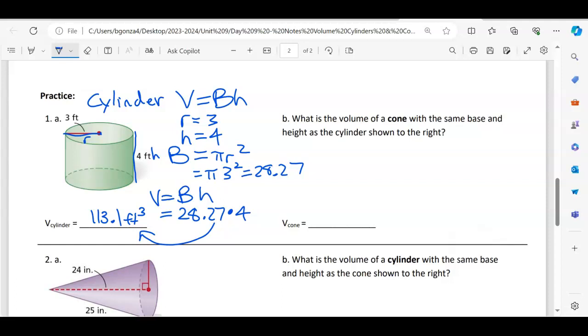So we know it's by 3, so do you think it's going to multiply or divide to get smaller? Divide by 3, okay? So whenever you have a cylinder and they're asking you, find a cone with the same base and the same height, cylinder to cone, you're going to divide by 3. So what's 113.1 divided by 3?